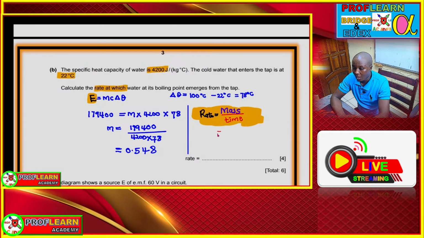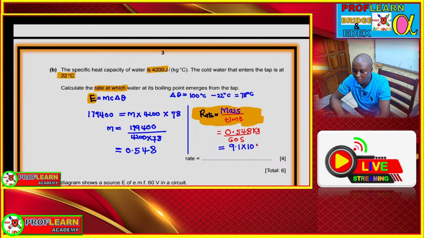You have to remember that the mass we have already gotten to be 0.548, and the time will be the 60 seconds that we already had. So if we work it out, we are going to get 9.1 times 10 to the power negative 3 kilograms per second. That's the rate at which water will be getting out from the tap.